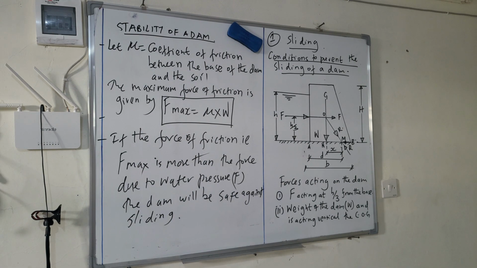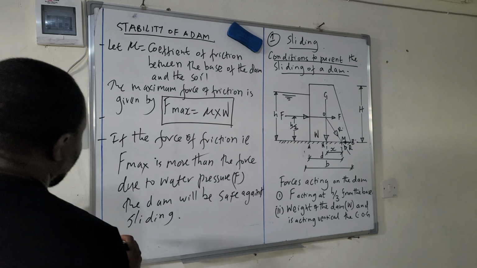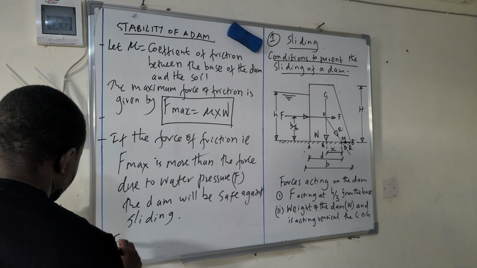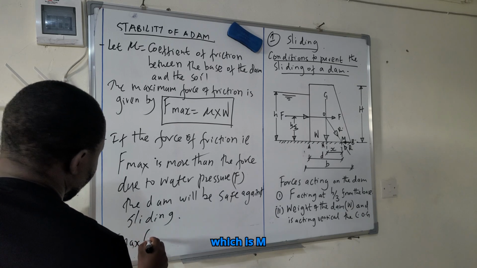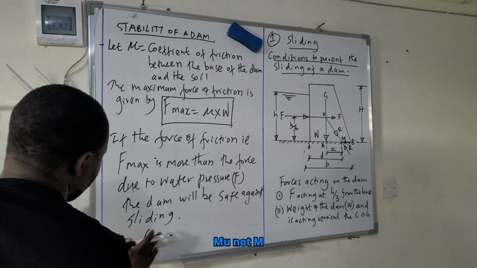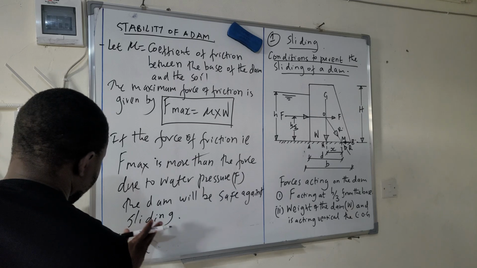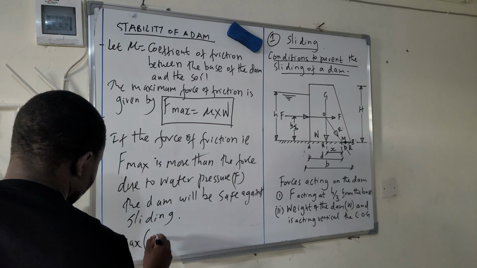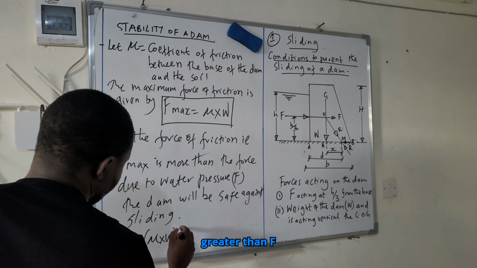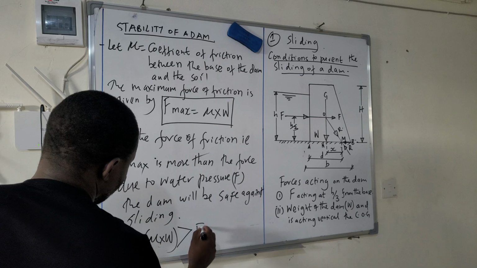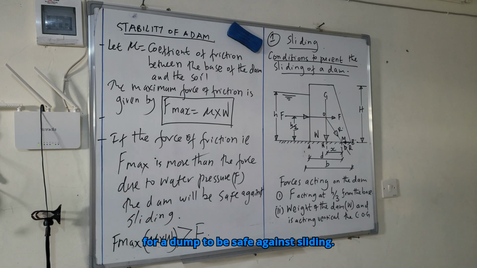So in short, F max, which is mu, not M, times W, should be greater than F for a dam to be safe against sliding.